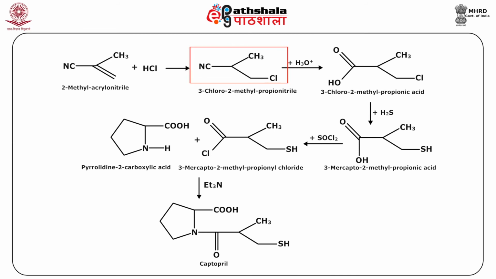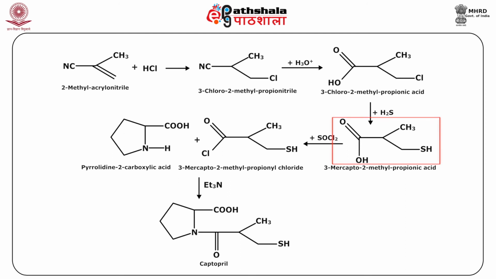3-chloro 2-methyl propionitrile. The next step involves 3-chloro 2-methyl propionitrile on acidic hydrolysis forming 3-chloro 2-methyl propionic acid. The acid then reacts with hydrogen sulfide forming 3-mercapto 2-methyl propionic acid.